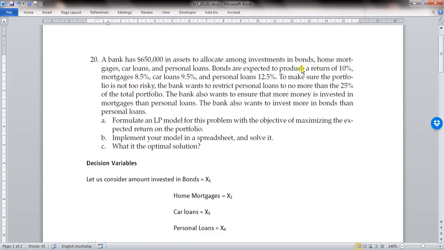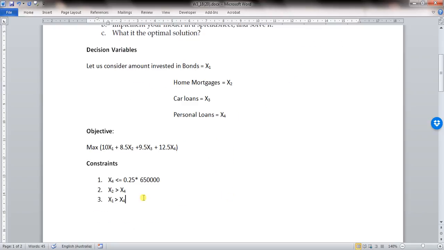Is there any more constraint? All these amounts, xi, should be greater than or equal to 0, that is, non-negative numbers, where i equals 1, 2, 3, 4.